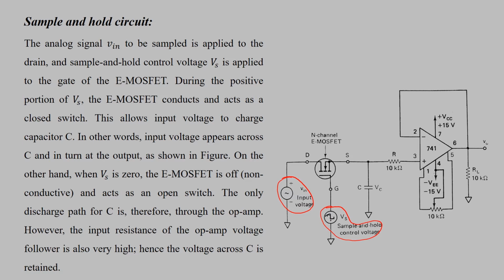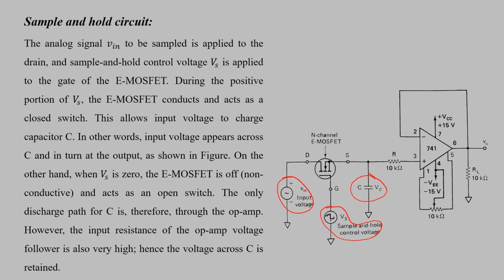During the positive portion of Vs, the E-MOSFET conducts and acts as a closed switch. This allows input voltage to charge capacitor C. In other words, the input voltage appears across C and in turn at the output.